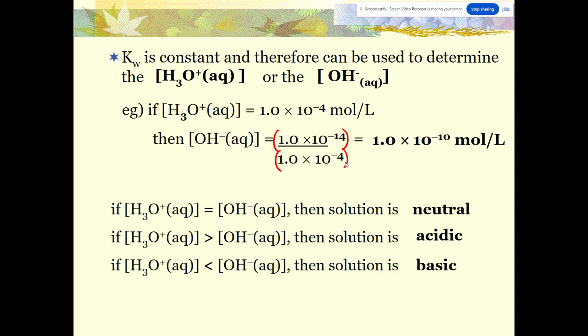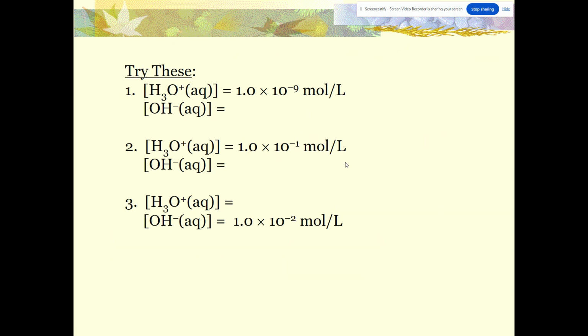So let's do some examples of this. If you have 1.0 times 10 to the negative 9 for hydronium and you take Kw, 1.0 times 10 to the negative 14, and divide by that, you get 1.0 times 10 to the negative 5. Comparing the two ions, these are negative exponents. So this is 0.00001, there should be 1, 2, 3, 4, 5 places.